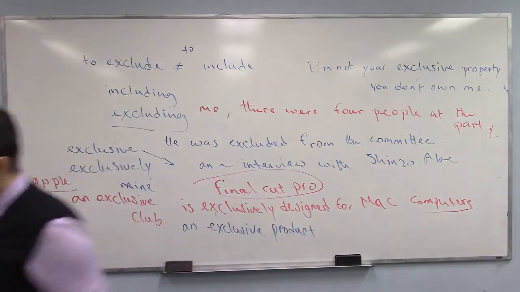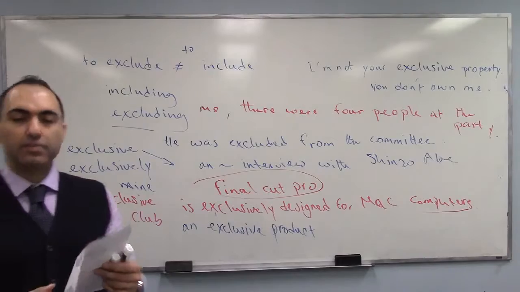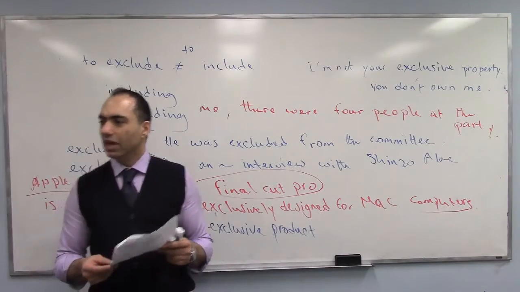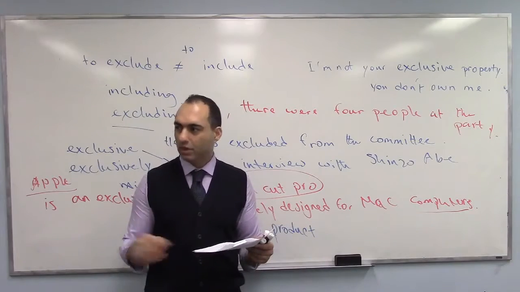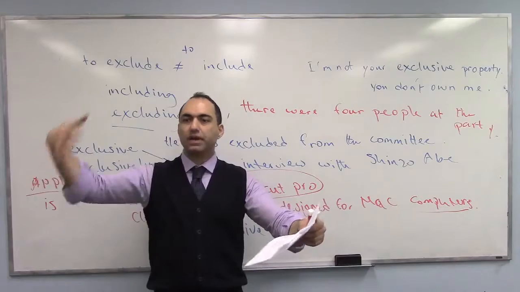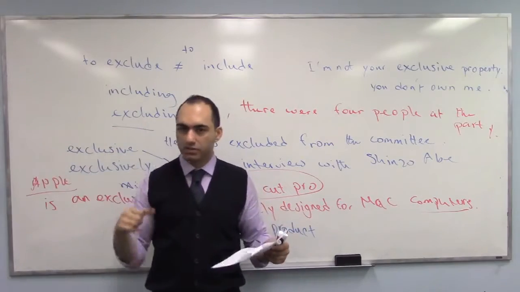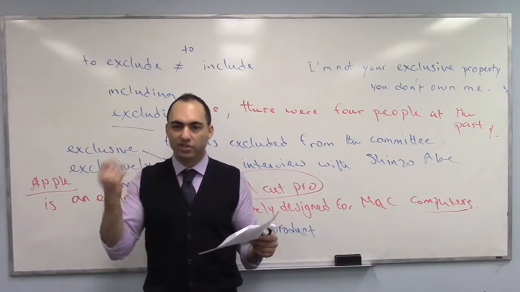So what is the example here for exclusive? The room is used exclusively by the faculty. It means it's used only by the faculty. You know, when you go to the university, the faculty of education. So this room belongs to the faculty of education, or faculty of physics, or faculty of civil engineering.